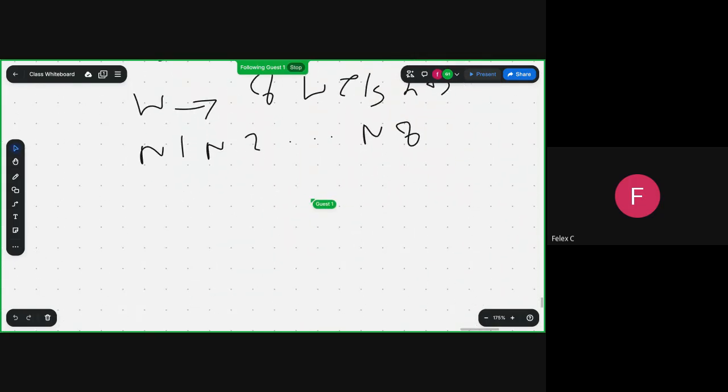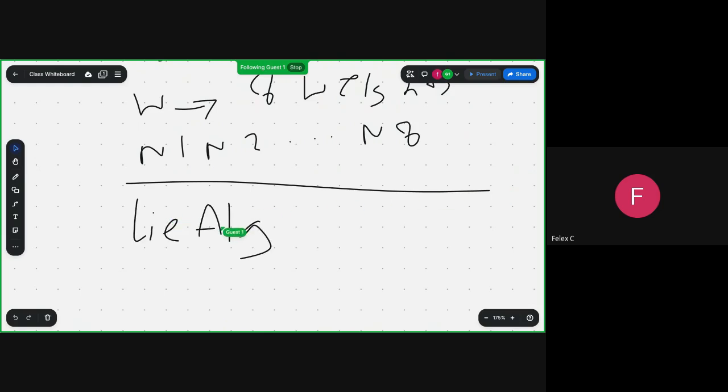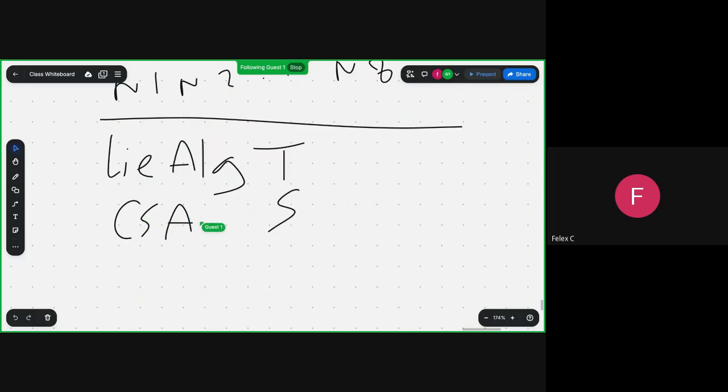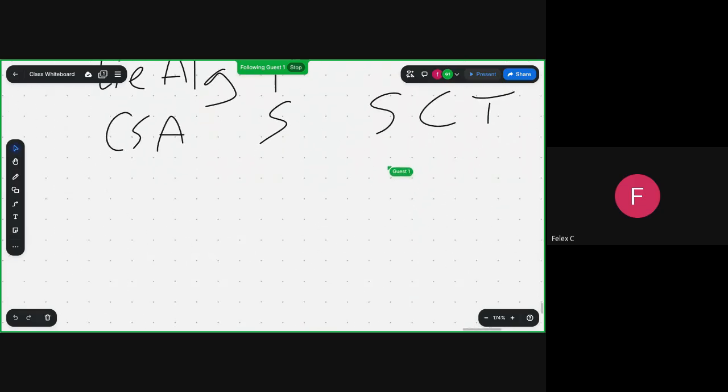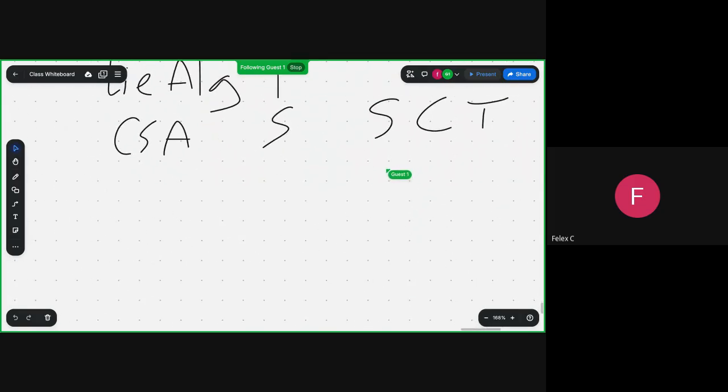Okay. Now, let's call the original Lie algebra T, and let's call the Cartan subalgebra S, right? So S is a subset of T. Now T is a vector space.